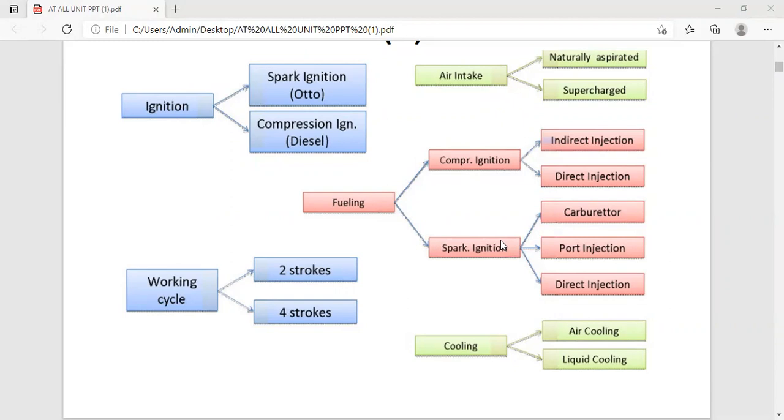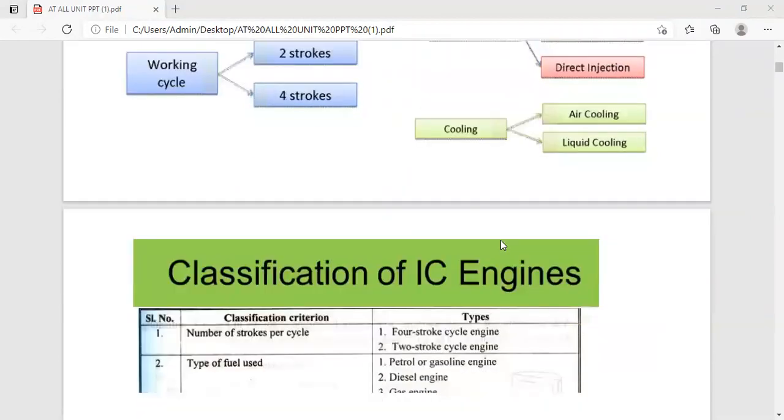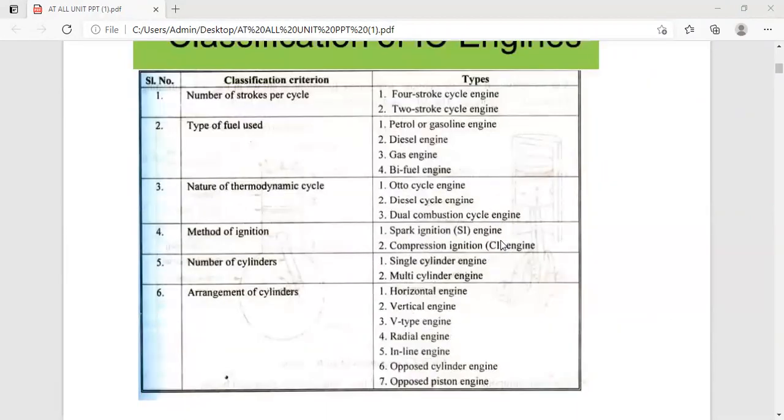And according to the arrangement of the cylinders, there are horizontal engine, vertical engine, V-type engine, radial engine, inline engine, opposed cylinder engine, and opposed piston engine. So according to the arrangement we are classifying.